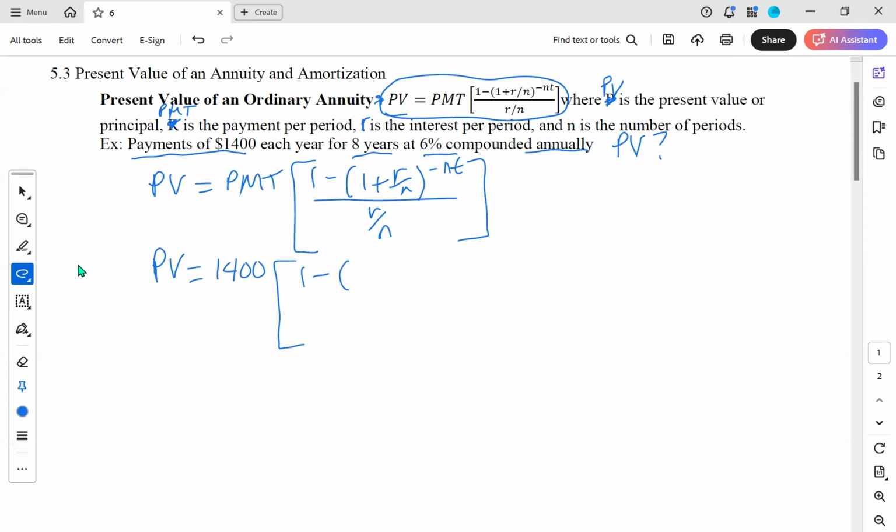We're doing 1 minus our 1 plus our rate, which is 0.06, divided by 1, raised to the negative 1 times our time of 8 years. So again, I'd cross this off and I just write -8. So I don't have to worry about it. All over 0.06 divided by 1.